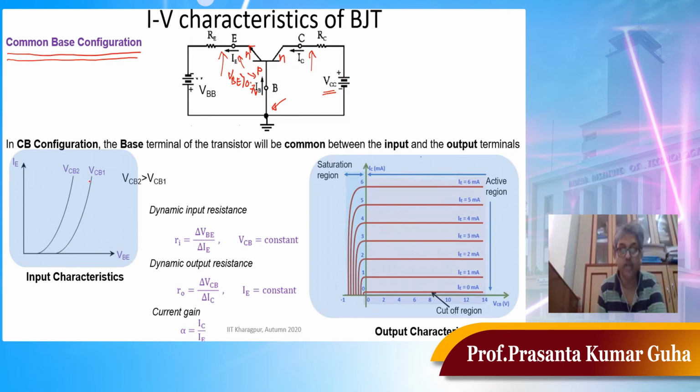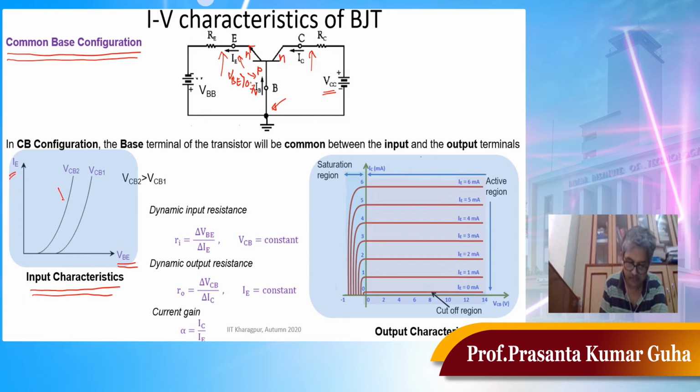Now getting to the detail of the characteristics, let's look at the input characteristics. Here there are two variables: one is the input current, that is the emitter current IE, and the other is the base emitter voltage, VBE. If you plot IE versus VBE, the current will vary exponentially, because for any forward biased PN junction the current is proportional to exponential VBE over VT.